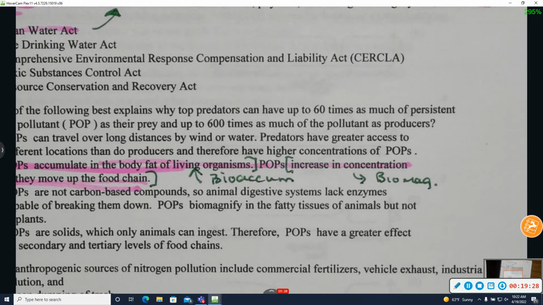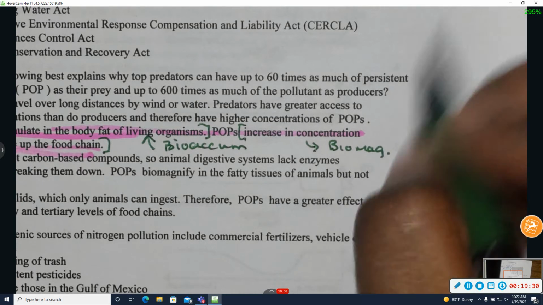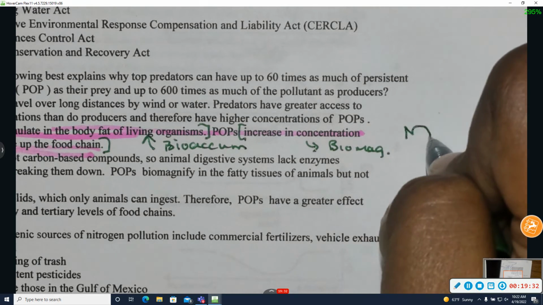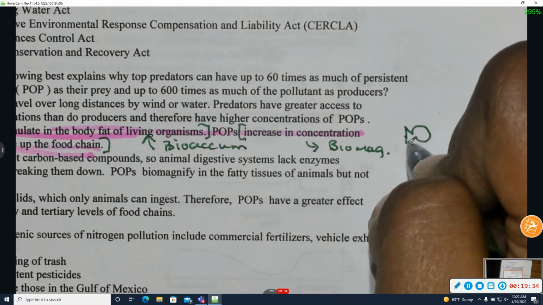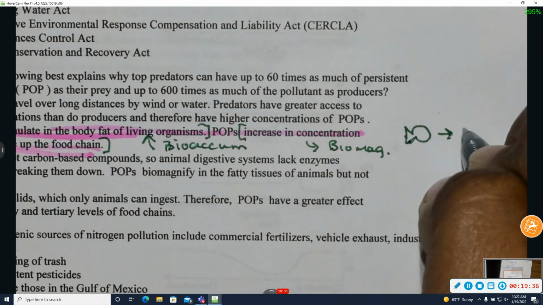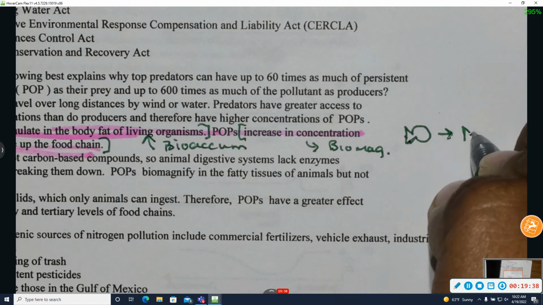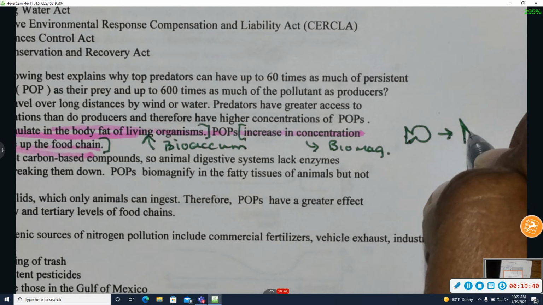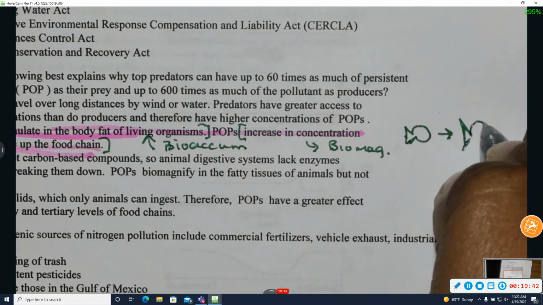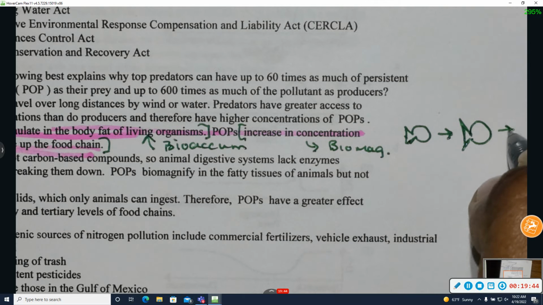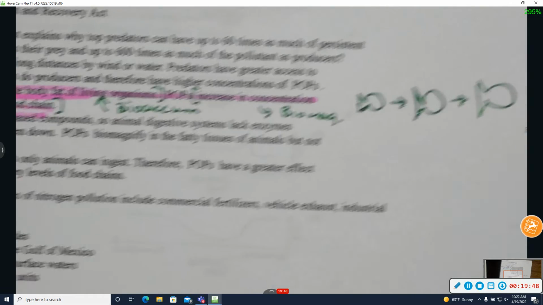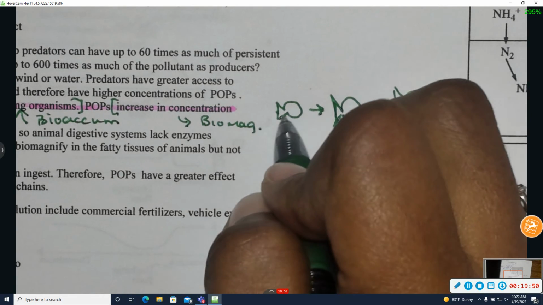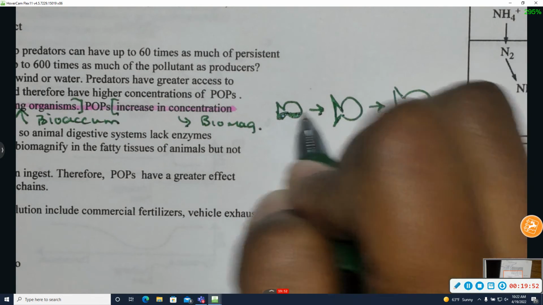If you remember this, I think you guys drew this. You may not have, I don't know, but I feel like we drew it. So we've got a small fish that's eaten by a bigger fish, that is then eaten by an even bigger fish. If we're thinking of persistent organic pollutants, this small fish has some of it in its fatty tissue.